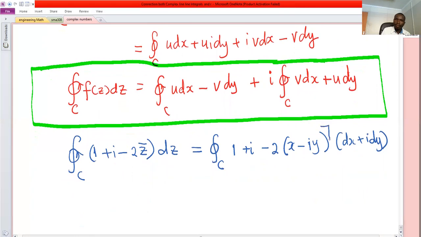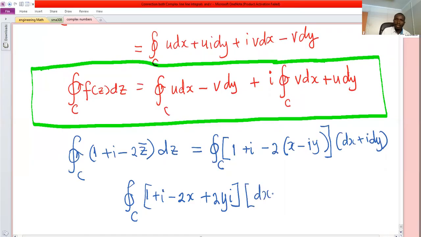So when you simplify this, we'll have the integral of 1 + i − 2x, minus times minus is plus, so plus 2y i. Remember, this is i, and then times dx + i dy.